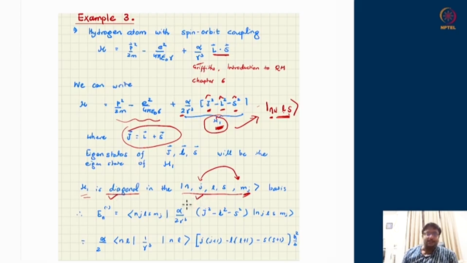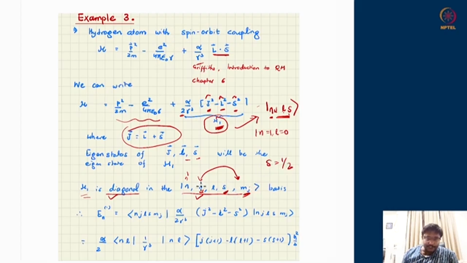Despite this being a degenerate theory, that means n is equal to 1 even, I can have a j which is L and S. For n is equal to 1, L can only take value 0. So L happens to be 0 for n is equal to 1, but S has a value 1 by 2, spin half, electron is a spin half object.